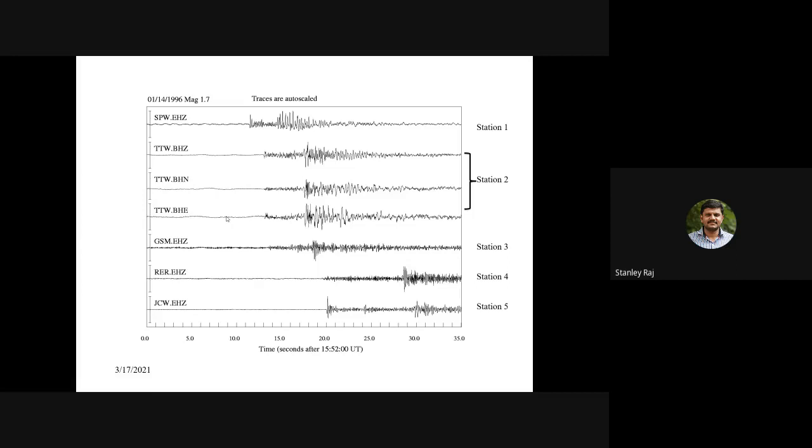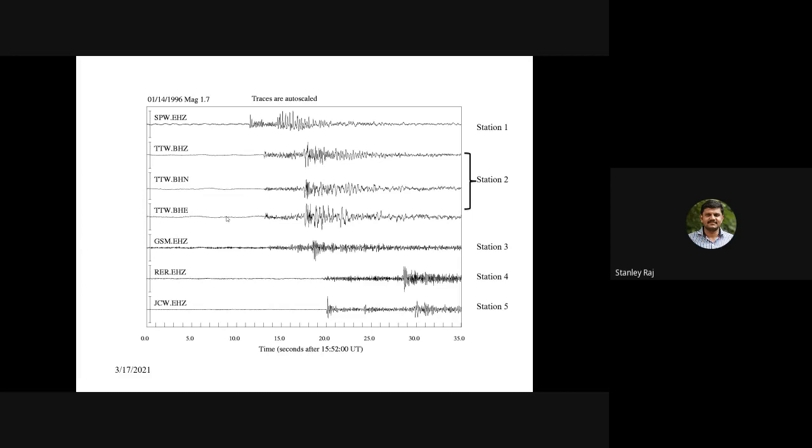This is the original recording from station 1, station 2, station 3, station 4, station 5, each at a particular distance, so the time will vary. The universal time is 1552.